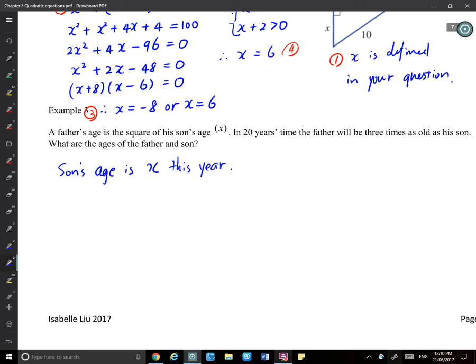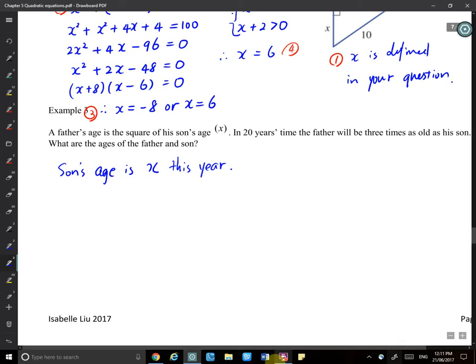How can we set up the equation? Let's say we have 2 times: one is now, one is after 20 years.